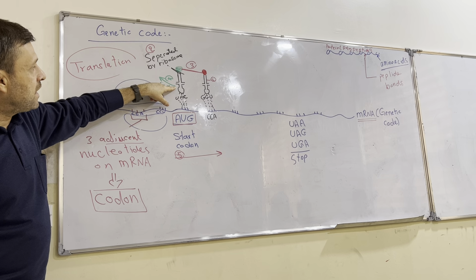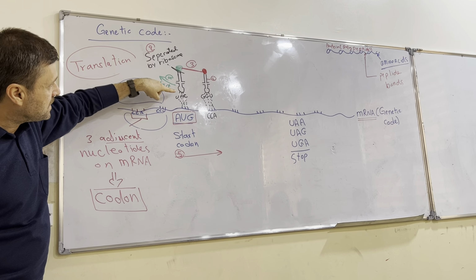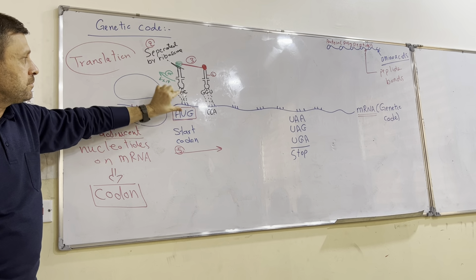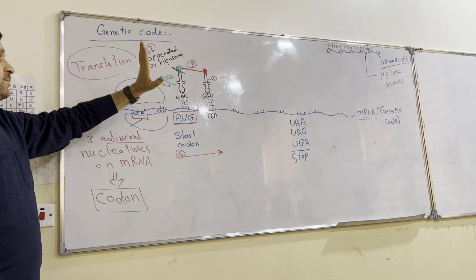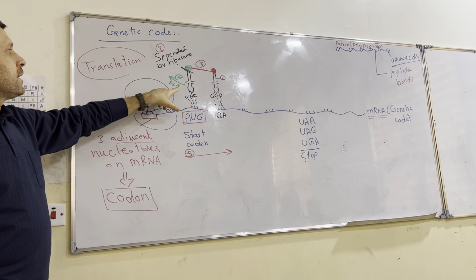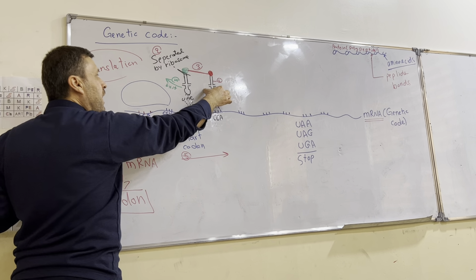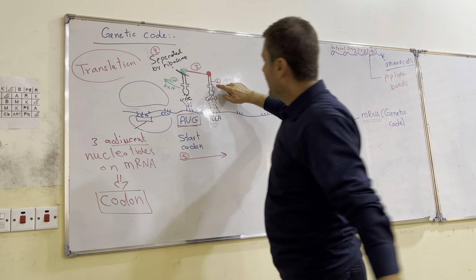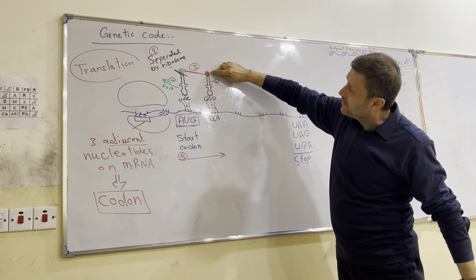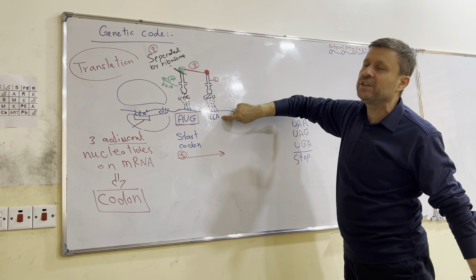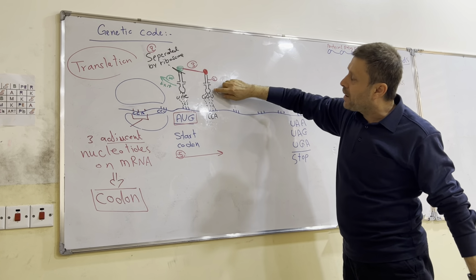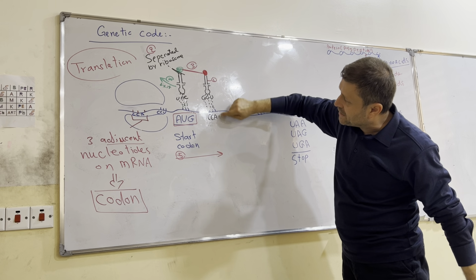After the first tRNA binds its anticodon with the AUG, the process begins. Second, it awaits the next tRNA. After it binds, the second tRNA carries another amino acid according to the genetic code and binds its anticodon to the next codon.